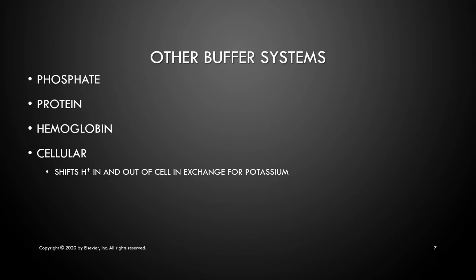Now, the last one is going to be on the cellular level, and the cell itself can actually help to buffer both the extracellular and the intracellular, and it does this by exchanging a hydrogen ion for a potassium. So if you've got more hydrogen ions in the extracellular fluid, the hydrogen ion will move into the cell, but once it gets into the cell, it's going to force potassium out of the cell.